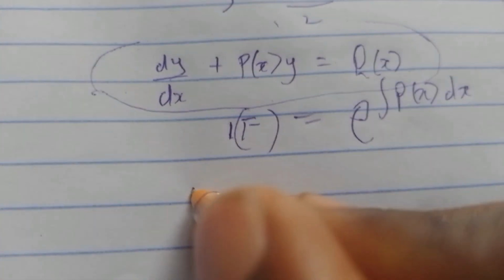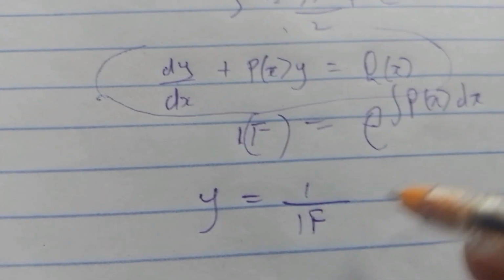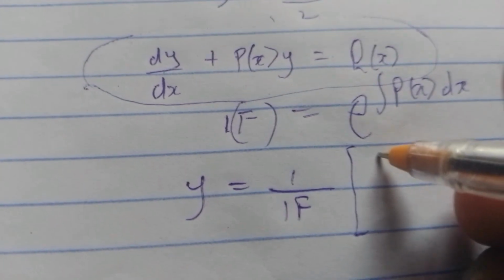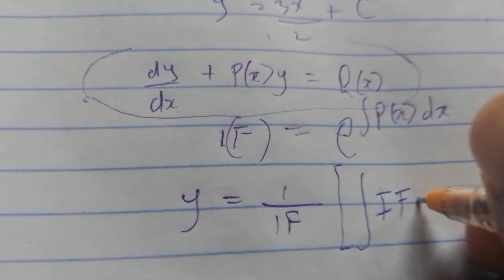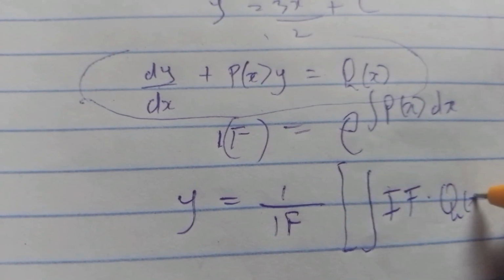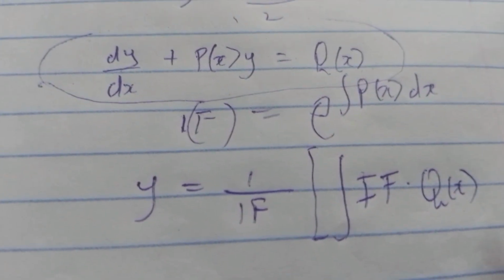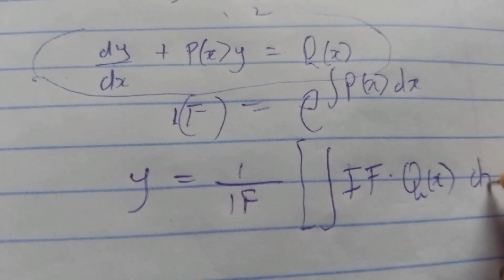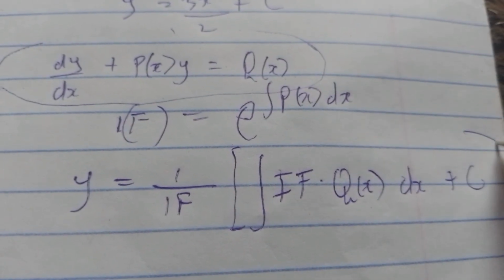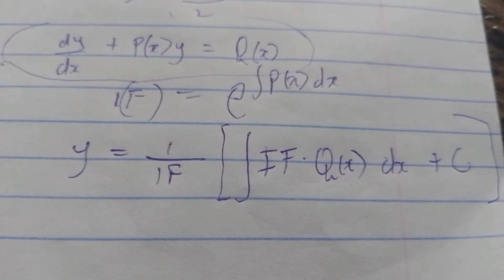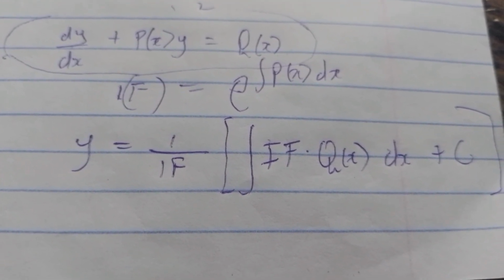The formula to get y is this: y is equal to 1 over the integrating factor multiplied by integral of the integrating factor multiplied by q of x dx with respect to x plus c. You must also include the constant c. This will be the general formula. You must write this down in your note and memorize it.